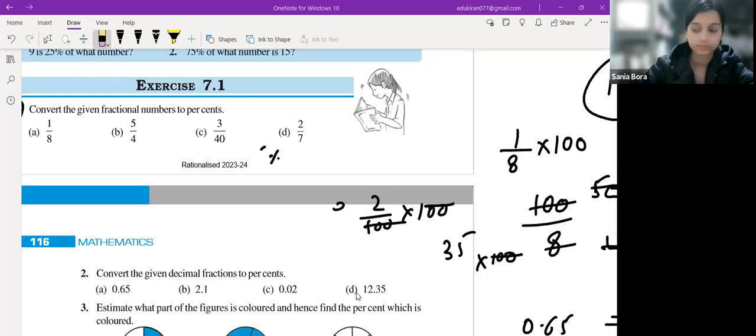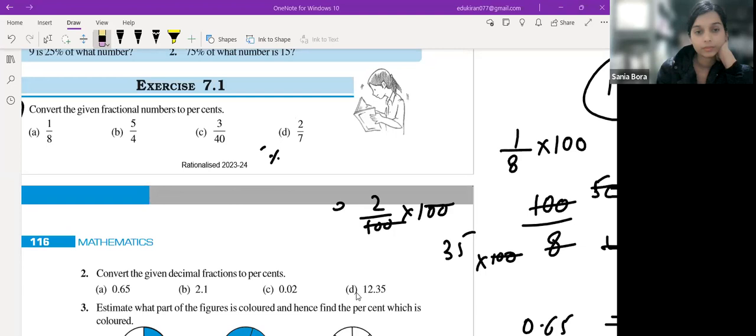Number of voters who voted is equal to 60 by 100 into 15,000. You cancel the zeros, is equal to 9,000 voted. Number of voters who did not vote is equal to 15,000 minus 9,000 is equal to 6,000 did not vote. Percentage who did not vote is equal to 100% minus 60% is equal to 40%. Yes, correct. Very good.